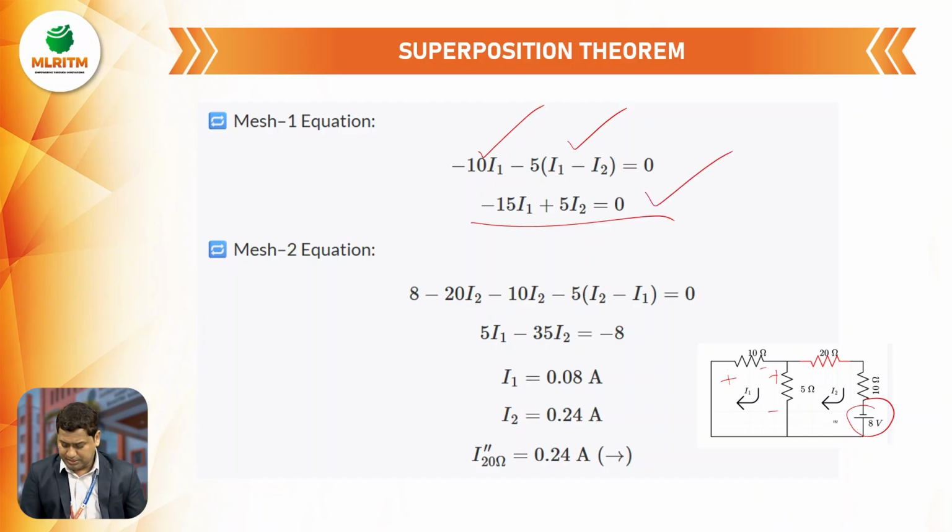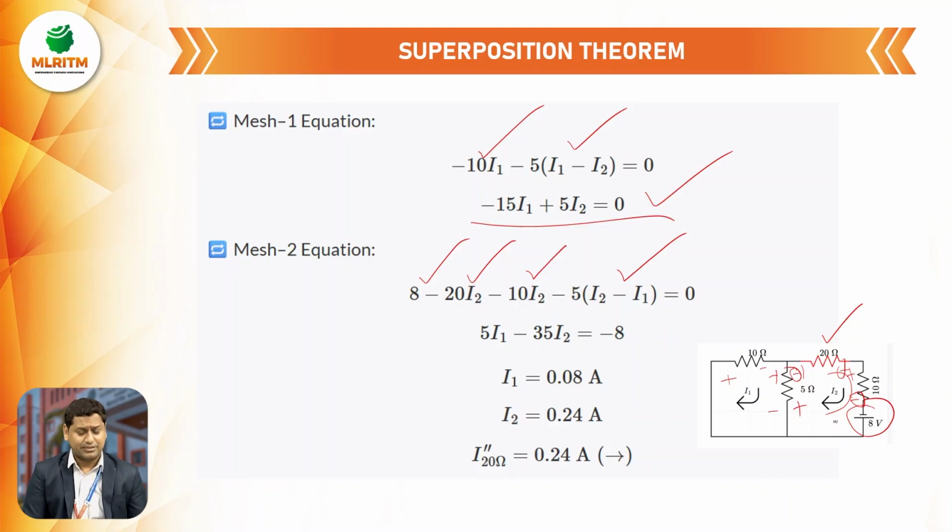Next, mesh 2 or loop 2: 8 is positive, then catching the second terminal, minus 20 I2 minus 10 I2 minus 5 times I2 minus I1.